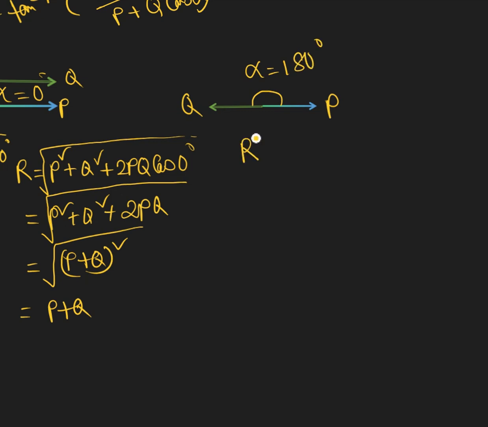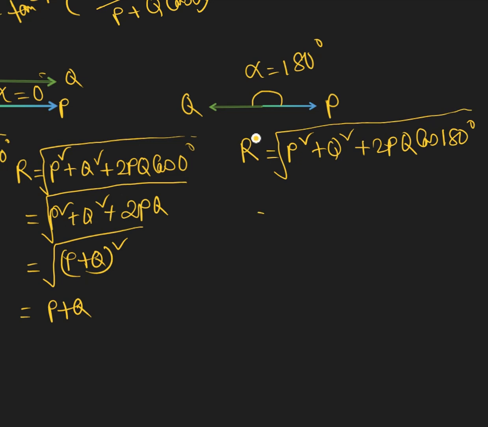Indeed, the resultant R is equal to the square root of P square plus Q square plus 2PQ cos 180 degrees, and this is minus 1 because cos 180 degrees is minus 1.